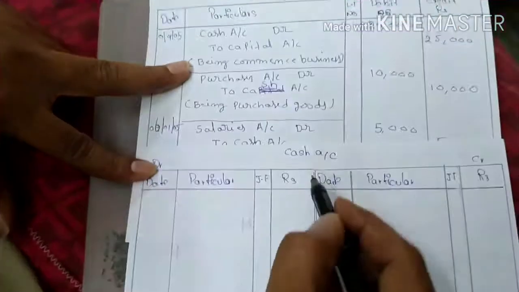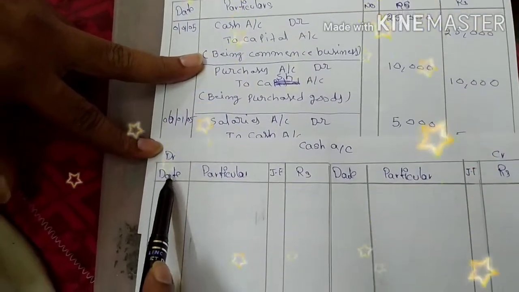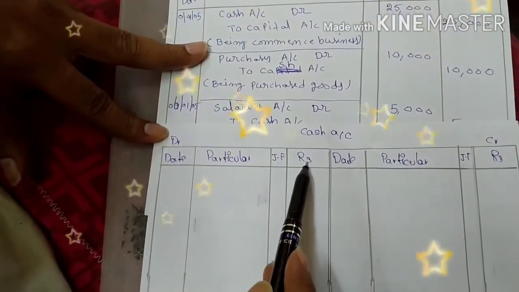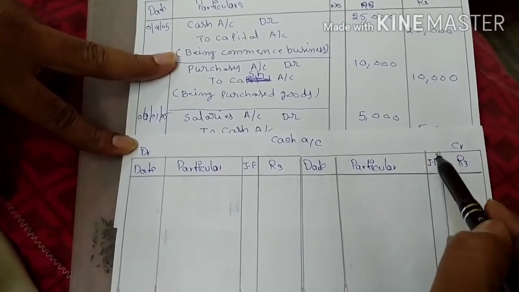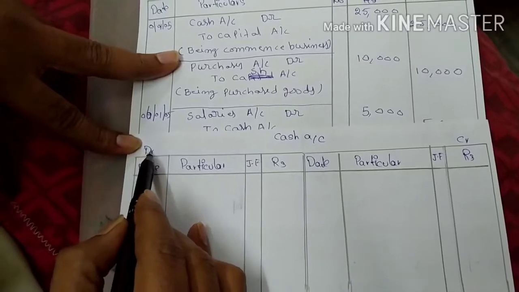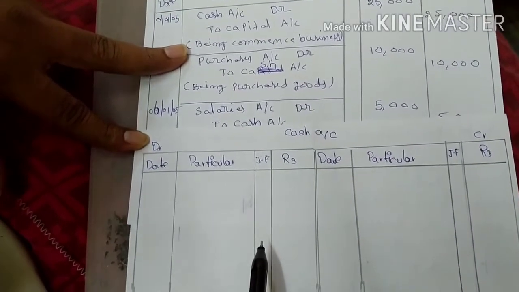First we start with the cash account. As per the pro forma, date, particulars, JF and rupees are on each side. The left side has debit transactions and the right side has credit transactions.